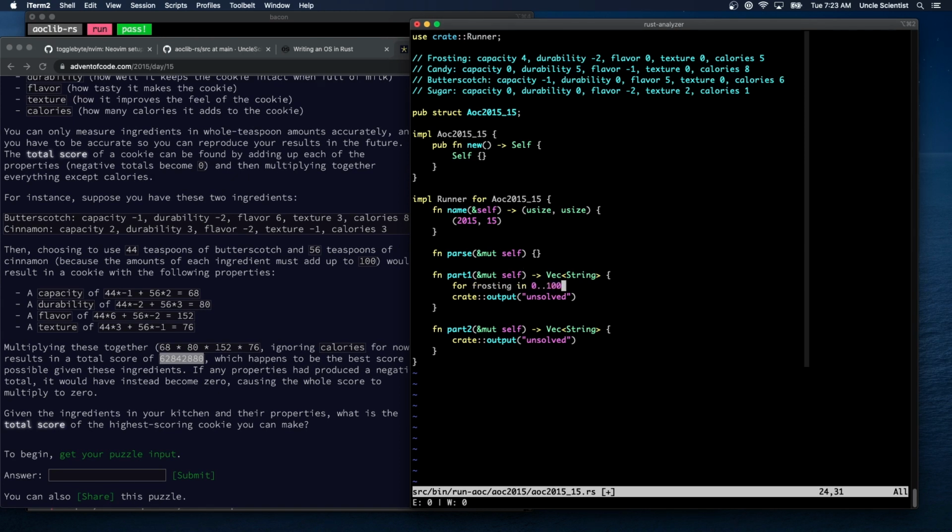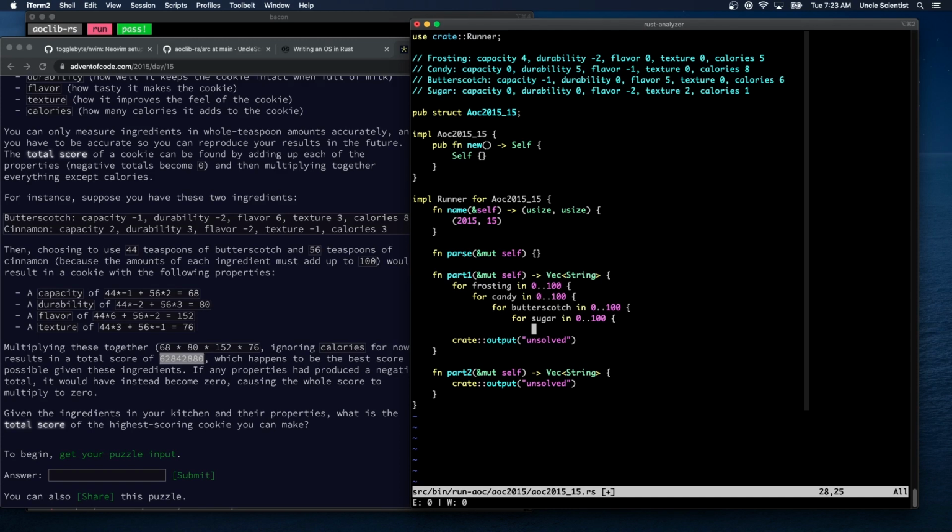in 0 to 100, for candy in 0 to 100, for butterscotch in 0 to 100. Actually, we could simplify this a lot, right? Well, let me just do it this way, and then we can think about how to simplify it.